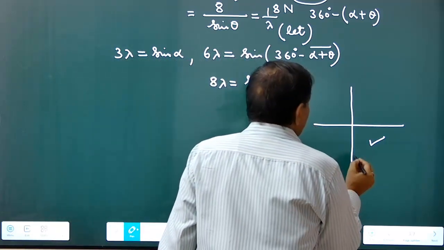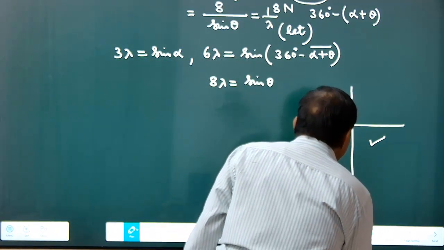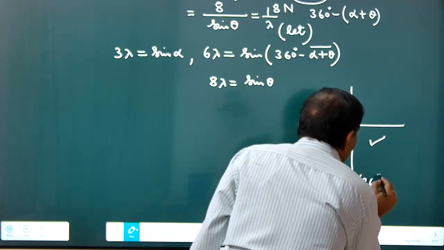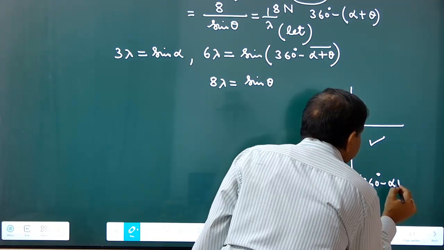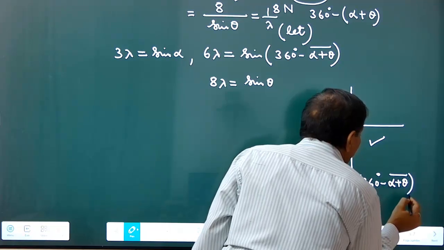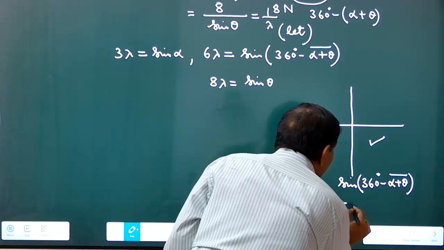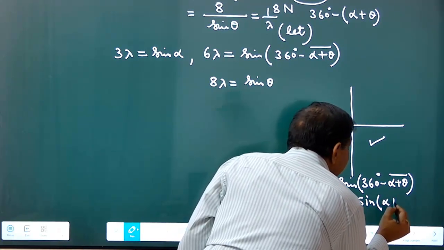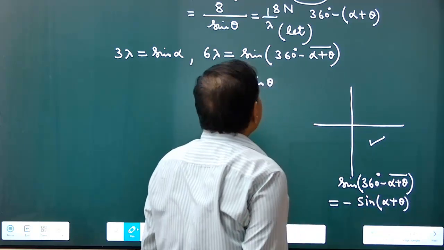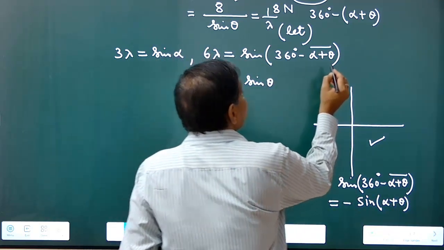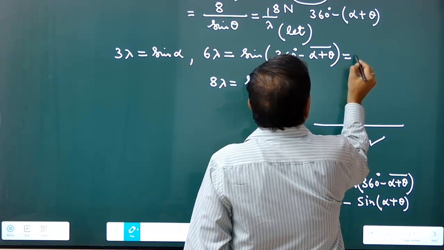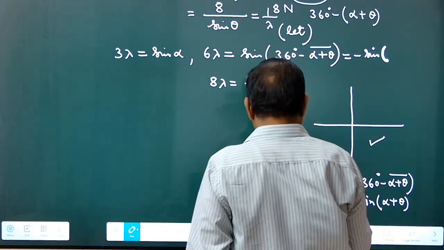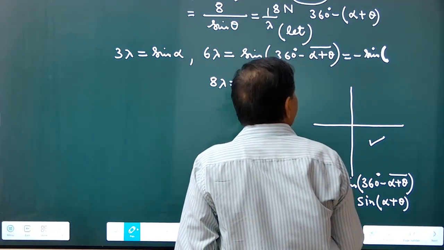So sine of 360 degrees minus (alpha plus theta) will be minus sine of (alpha plus theta).